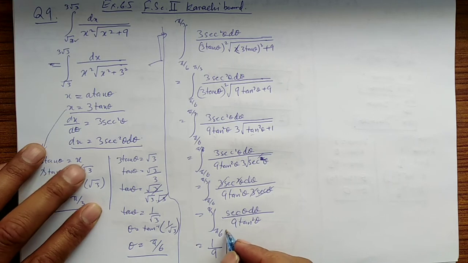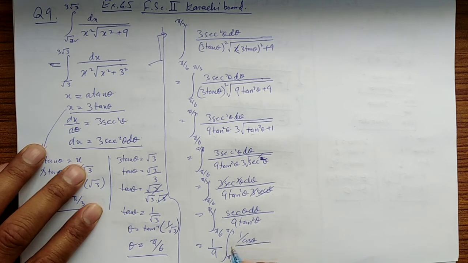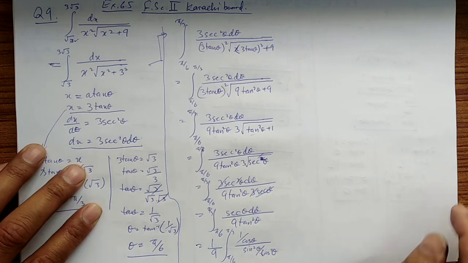Now we can write this as integral from pi upon 6 to pi upon 3, and in place of sec I am going to write 1 upon cos theta, and in place of tan square theta I am going to write sine square theta upon cos square theta. Good.